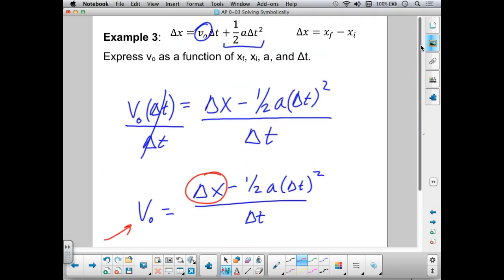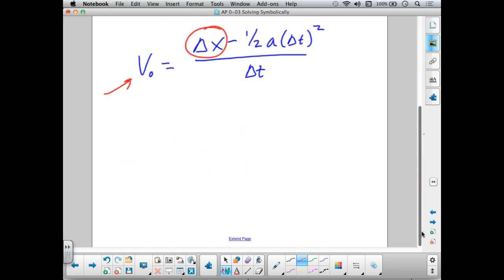Remember, we are looking not for delta x on the right-hand side. We're pretending that's not known yet, but we do know the final position and the initial position. So all I need to do is substitute in the definition of displacement for delta x, and I can get my final value.